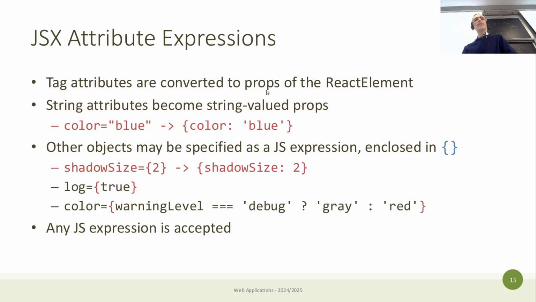So basically, string attributes. So if I write something like color equal to blue, become string valued props. So I have an object props, which has a property color, the first part here, the name of the attribute, and the value, that is the value of the attribute. If you put a number, that's the same. If you put a Boolean value, that's the same.